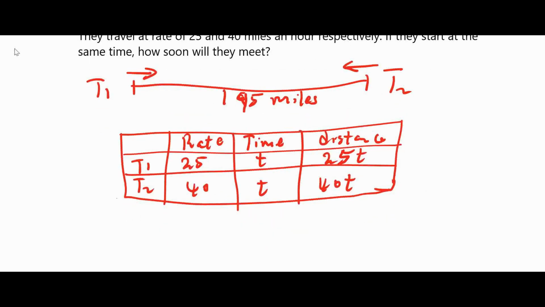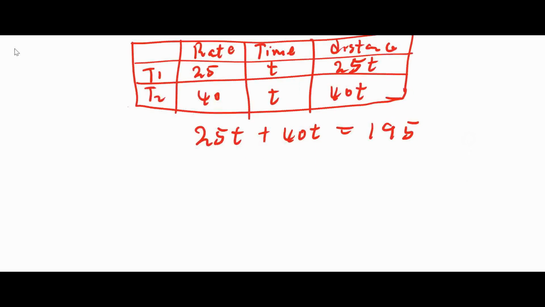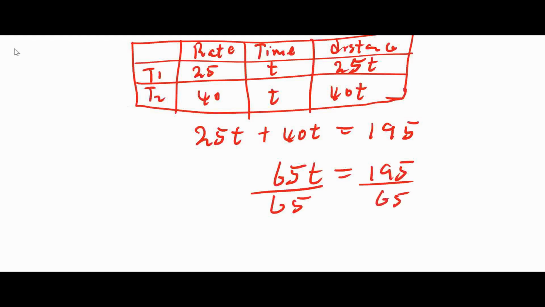So if we add this together, 25t plus 40t, we can set this to the distance, which is 195 miles. So 25t plus 40t gives us 65t equals 195, and we divide both sides by 65. 65 into this is 1.